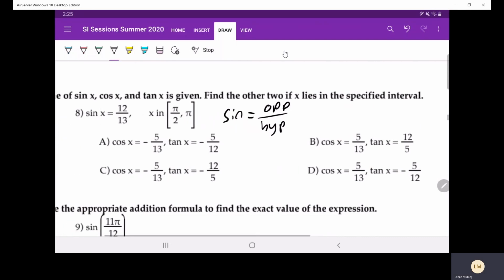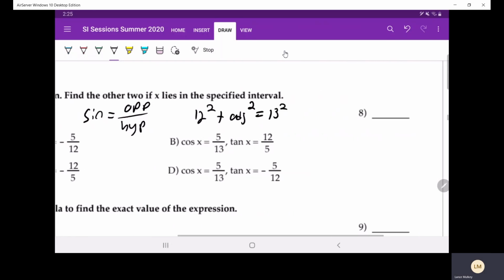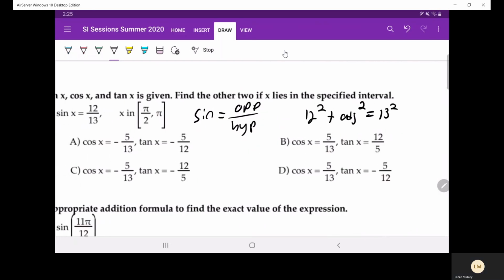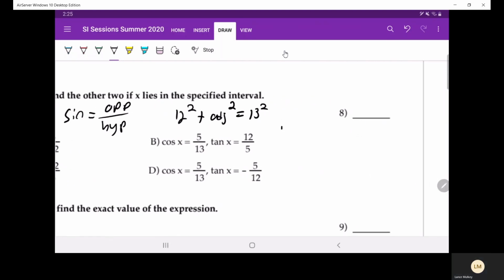So we have 12 squared plus adjacent squared equals 13 squared. So 169 minus 144 equals, so that's 25. So you have a triangle that looks like this.